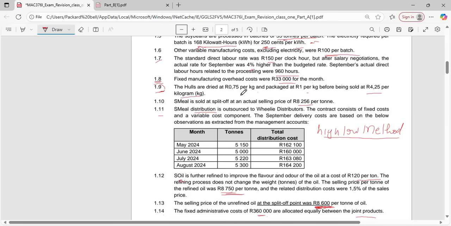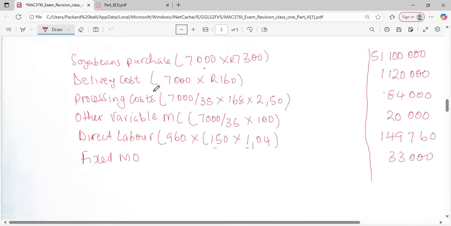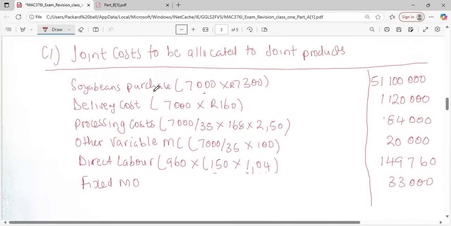Then what else do we need now? We need the total. When we have our total, then we deal with 1.9. So let's first have our total for this joint cost. So we start from 51,100 going down.